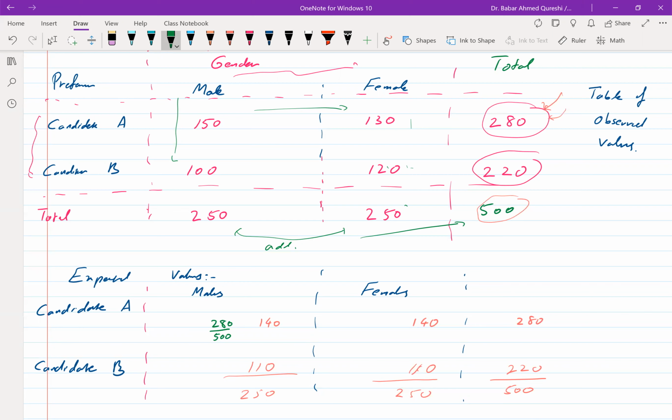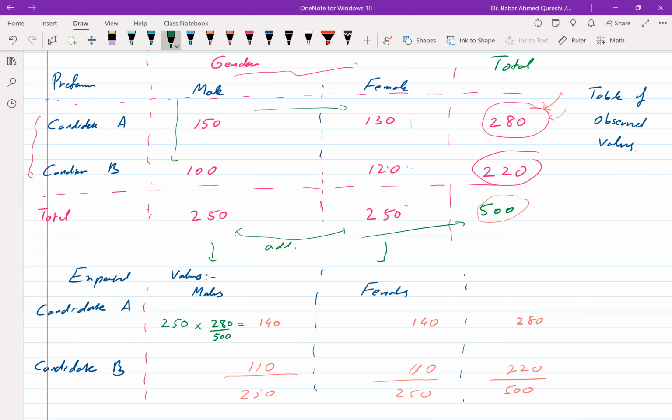Now, if the probability did not depend on these categories, then I just use this probability and multiply by the number of observations I have in this category, which is the male. And that should be my expected value.